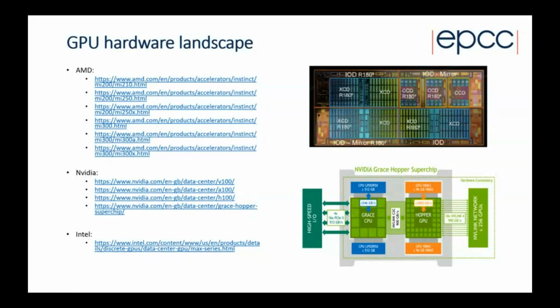But this takes you all the way up to Grace Hopper in NVIDIA, and this takes you all the way up to the MI300X. The world's largest and most powerful supercomputer, El Capitan, has MI300A AMD GPUs as its main performance product. The second fastest is Frontier, which uses MI250X.